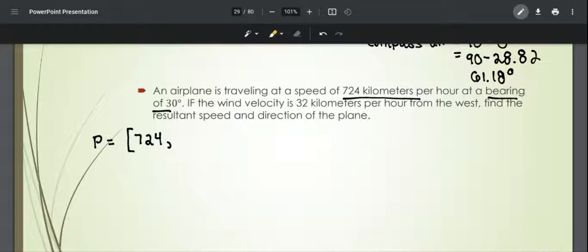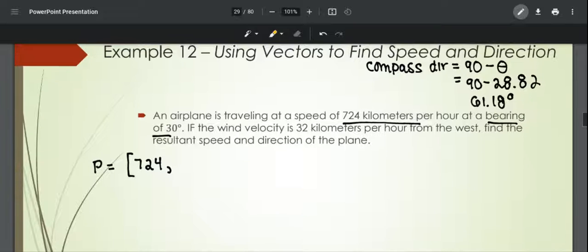So do we ever use the same angle that they give us? No. So if you can't visualize it, draw a picture. 30 degrees is from the north, rotating in a clockwise direction. So if you were to rotate 30 degrees from the north, you'd be going from here to here.